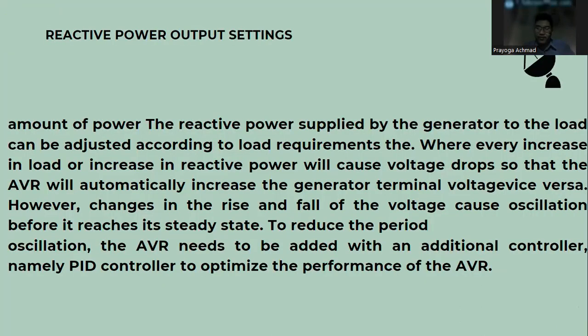Before that, the amount of reactive power supplied by the generator to the load can be adjusted according to the load equipment, where every increase in load or reactive power will cause a voltage drop, so the AVR will automatically increase the generator terminal voltage.